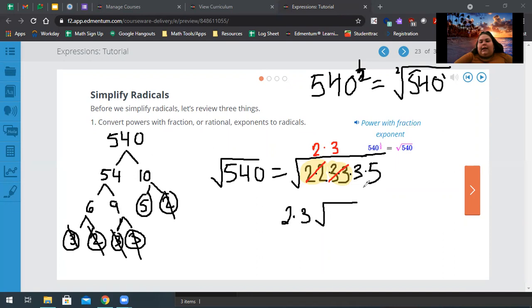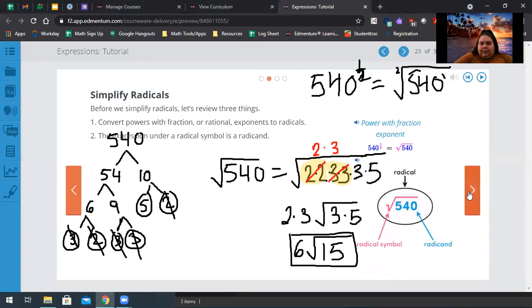They're all being multiplied. I have this 3 and this 5. 3 times 5 is 15. We're just simplifying. 2 times 3, that is 6. And then the square root is 3 times 5, 15. So here we just simplified our radical.